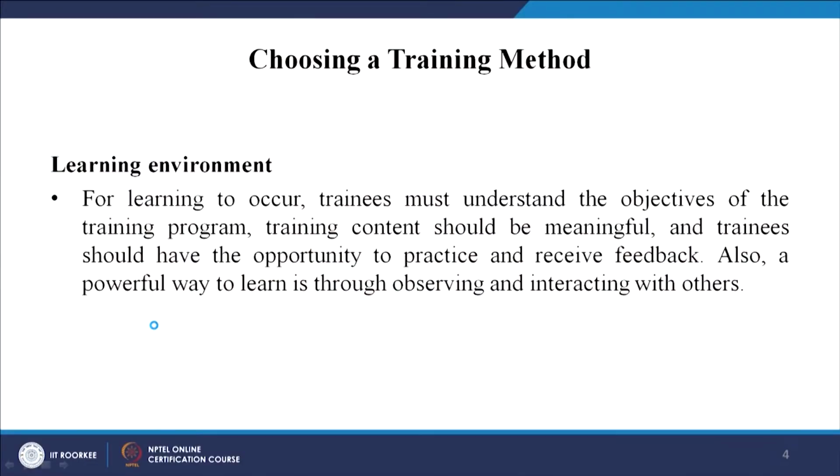Now a powerful way to learn is through observing and interacting with others. There should be a continuous, interactive dialogue between the trainer and trainee. It should not be, especially in the lecture methods, as I mentioned, one way, where the delivery is done and there is no interaction. So there is no opportunity for the trainees to clear their doubts.